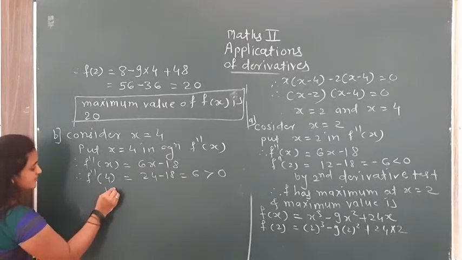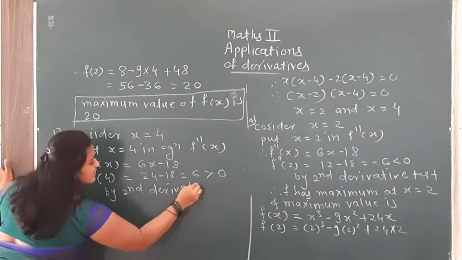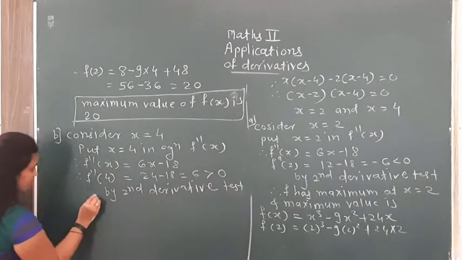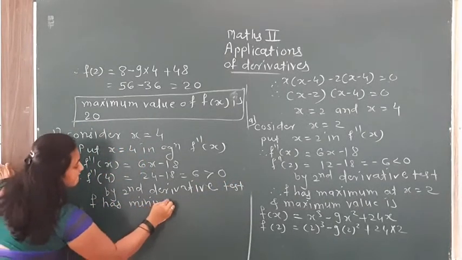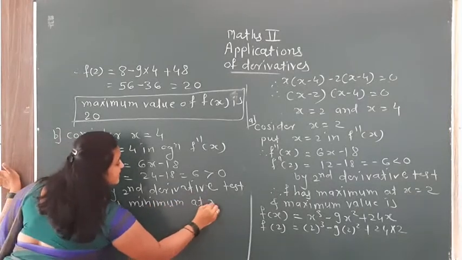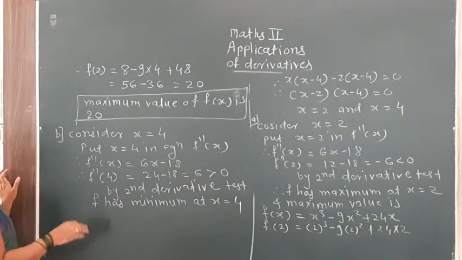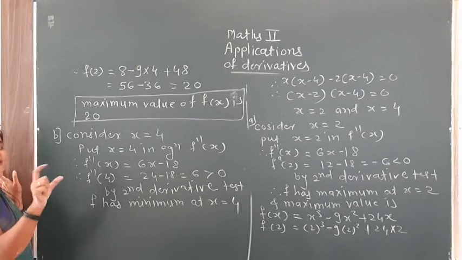So by the second derivative test, we can say that f has a minimum at x is equal to 4. And we can find the minimum value. How to find the minimum value? Whenever f of x is given, we substitute x is equal to 4.